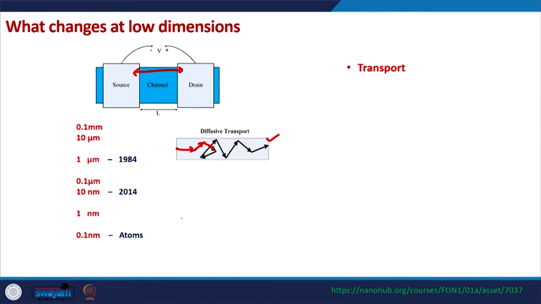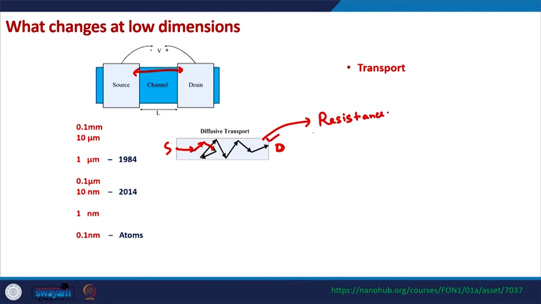By the time the electron reaches the drain side, it has already undergone many collisions, and that is the conventional picture of resistance, that the resistance is because of the collisions in the channel.